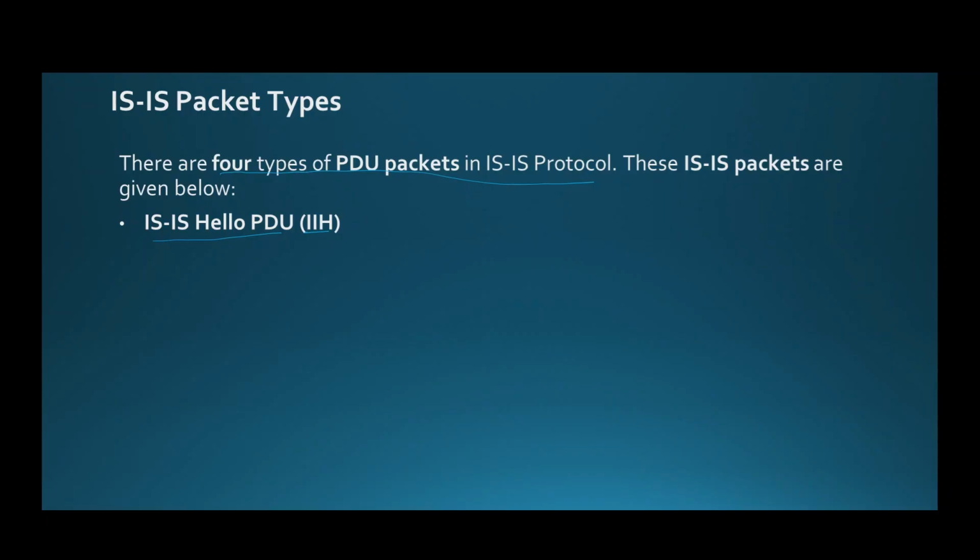And these hello PDUs can be divided into 3 types. The first being the ES to IS, that is sent from an end station to IS, or router in IP terms. The second type being IS to ES, which is the hello messages sent from an IS or a router to ES, or end station.